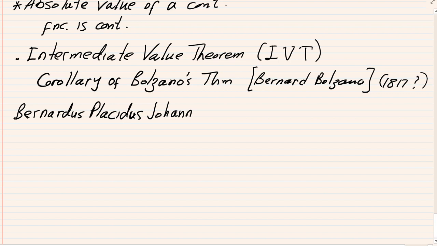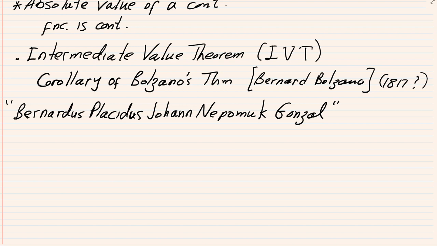Now we have many people, I've seen nowadays students that have 4 names like Anne-Marie Finberg Smith, something like that. But this name, Bernardus Placidius Johann, and I'm not done yet, Nepomuk. That's the other part of his last name. And finally, Gonzal. Check this name out. How about that for a name? It makes my name seem a lot easier, huh? So anyway, that's his full name.